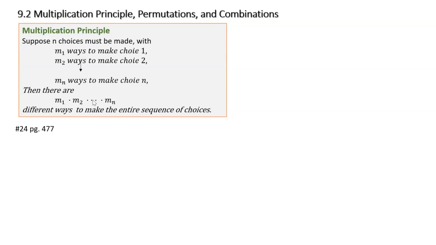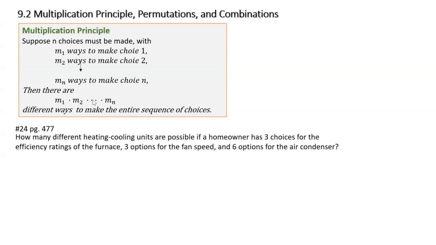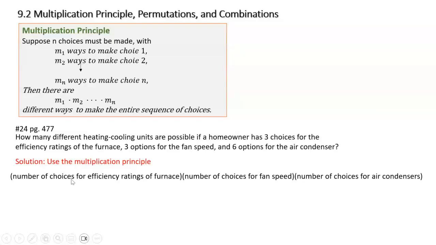Okay, this is 24 from page 477. It says how many different heating cooling units are possible if a homeowner has 3 choices for the efficiency ratings of the furnace, 3 options for the fan speed, and 6 options for the air condenser. Okay. So use the multiplication principle. The number of choices for efficiency ratings is going to be 3.